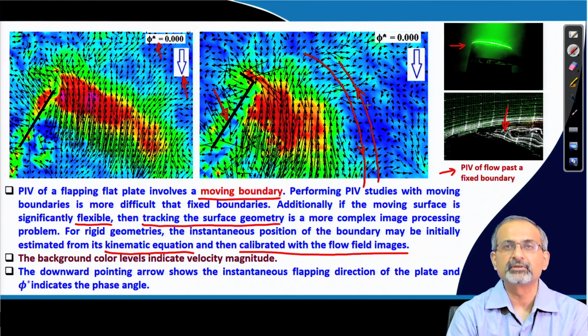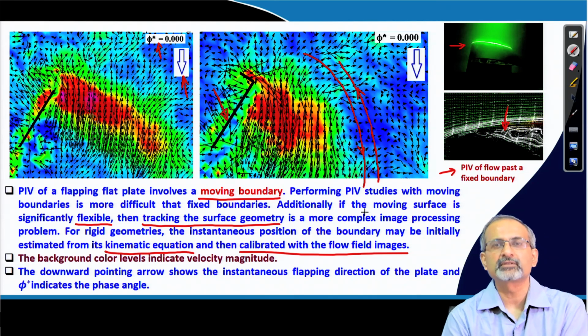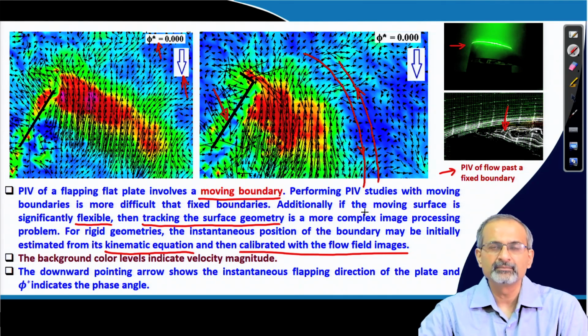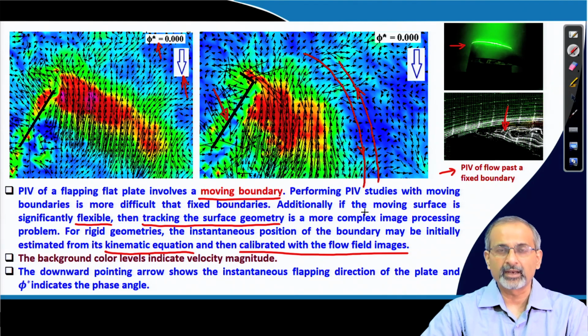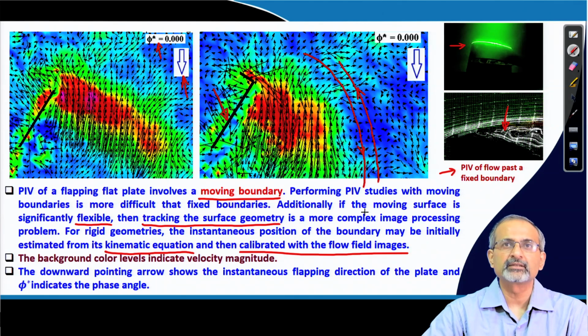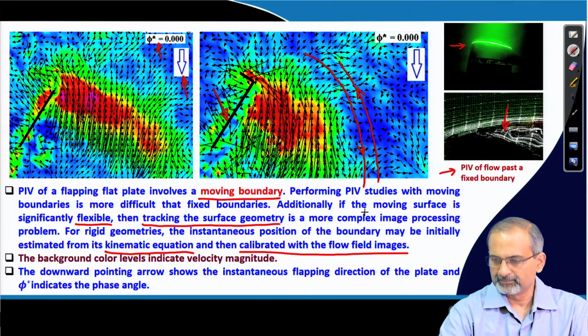In this way, it will keep reciprocating. So, you need to indicate what is its angular orientation and in which phase of the oscillation it is in. Therefore, you can understand that moving boundary problems are far more complicated to tackle, whether it is an analytical method, computational method, or an experimental method.